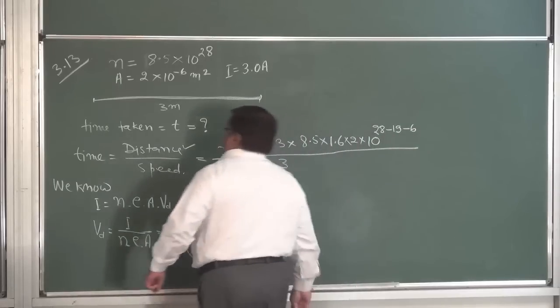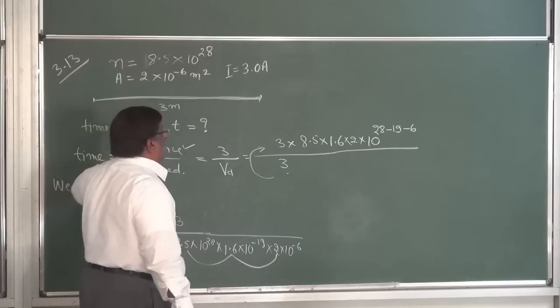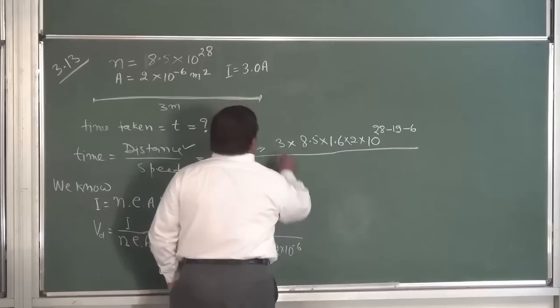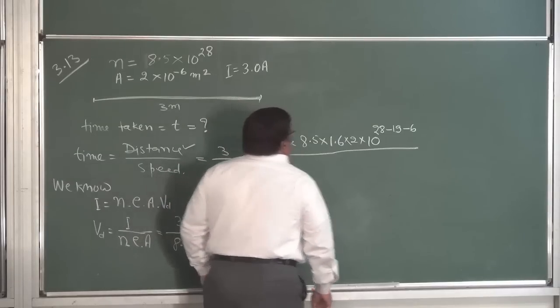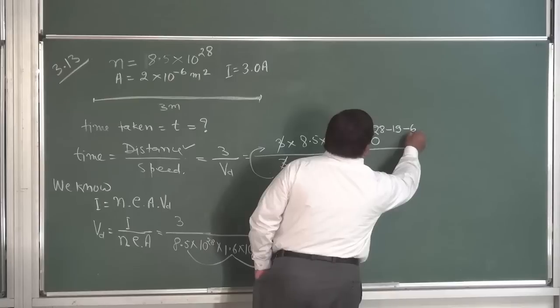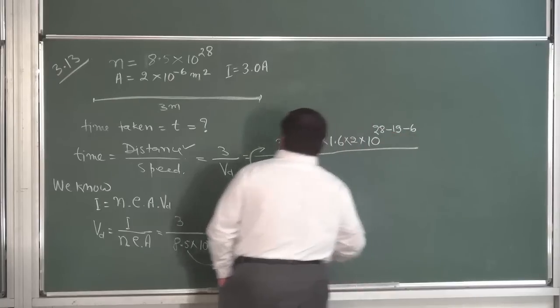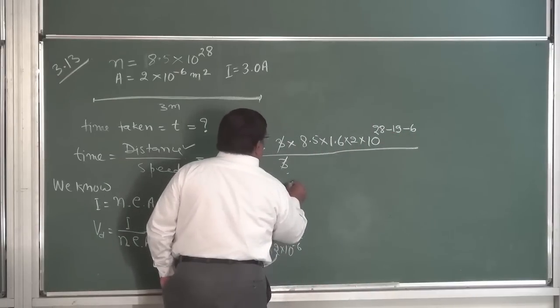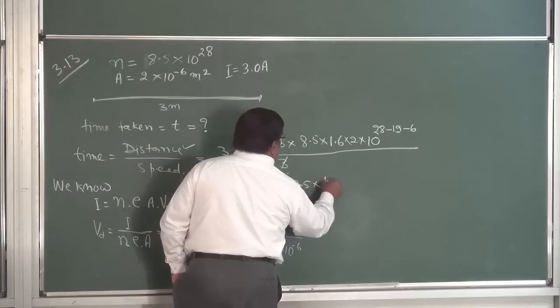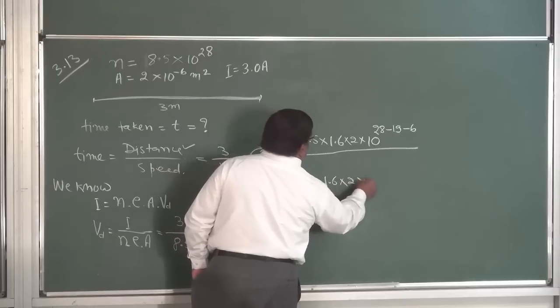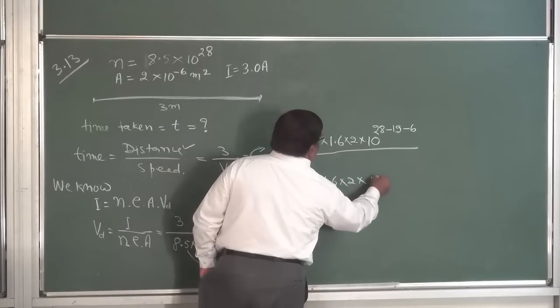This is our answer for what? Time, and this time will be in seconds. There will be cancellation: 28 minus 19 minus 6 is 3. So this is 8.5 into 1.6 into 2 into 10 to the power 3.